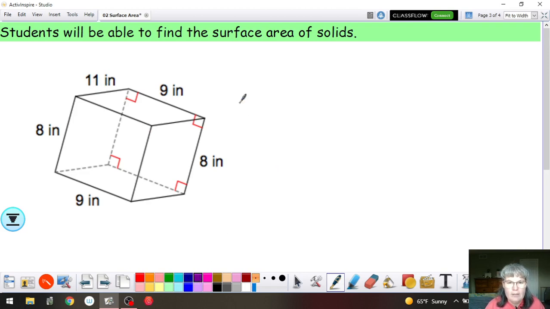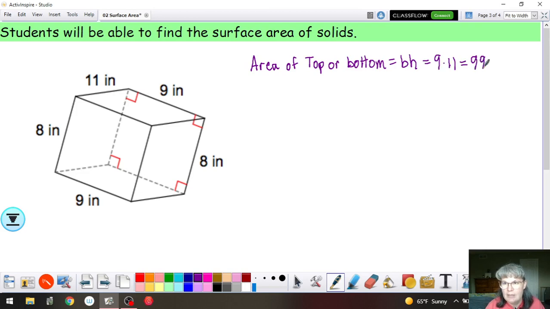So we're going to find the area of the top or bottom, because I'm only going to find one for now. Length times width is 9 times 11, which is 99 square inches.